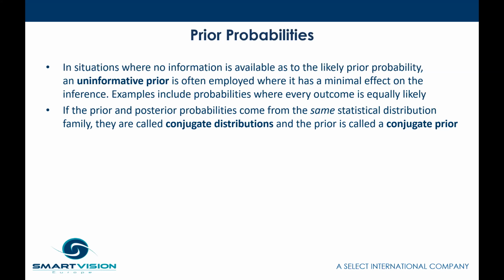If the prior and the posterior probabilities, however, come from the same statistical distribution family, now, if you're not used to thinking in those terms, when you do a statistical test like a binomial test, that refers to a statistical distribution called the binomial distribution. If you're doing an F test, that's referring to an F distribution. You've got a normal distribution, you've got a gamma distribution, you've got Weibull distributions.